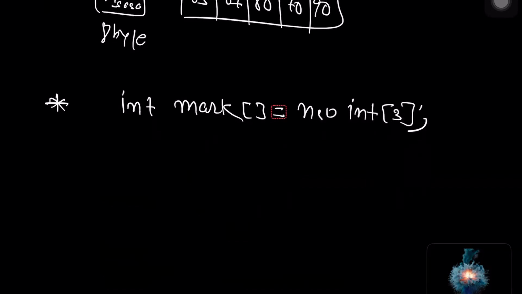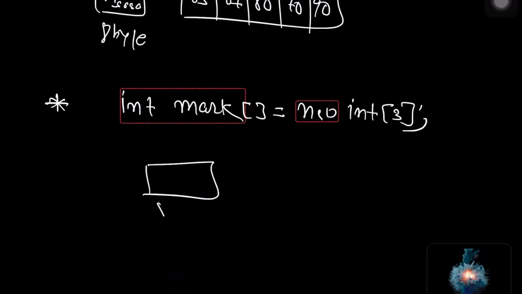I have given 3. So what happened here? It's the same. Whatever happens after declaration, construction, initialization, a similar thing will happen here. First, 8 bytes of memory will get allocated and null will get stored for mark.